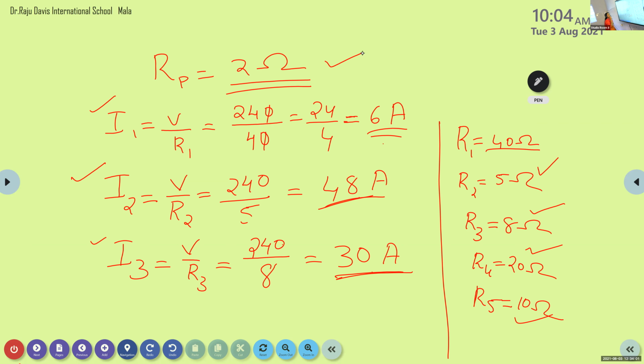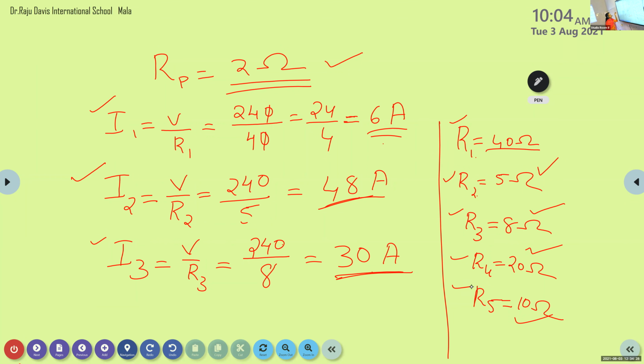Then the next sub question: calculate the current flowing through each resistor R1, R2, R3, R4 and R5. We know that it is a parallel combination, so the current through each resistor is different. I1 flows through R1, I2 through R2, I3 through R3, I4 through R4 and I5 through R5.